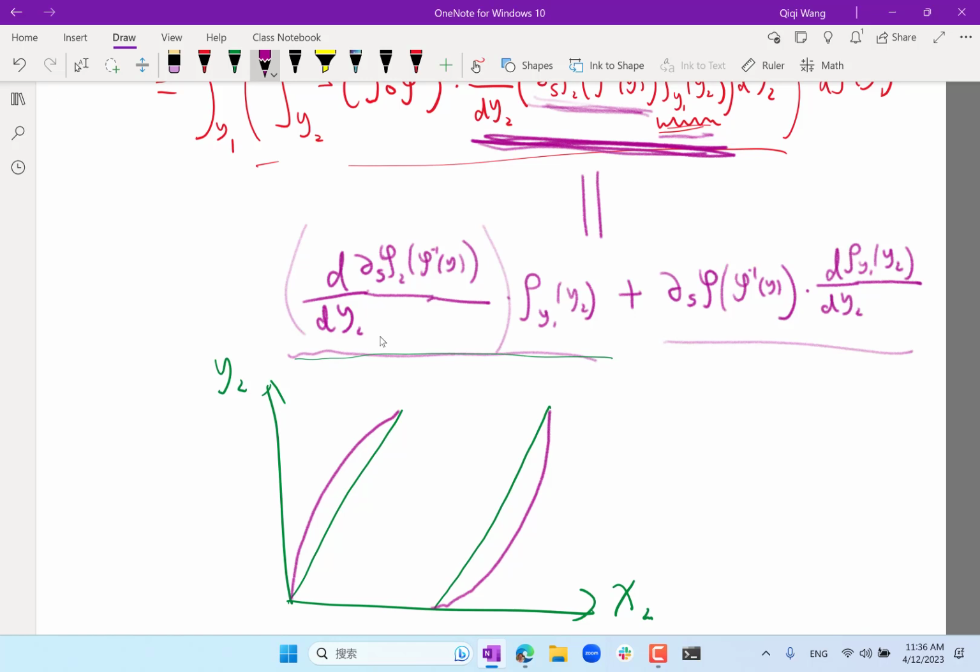If the perturbation makes the derivative higher, then this term would be positive. If the perturbation makes the slope of the map lower, then this term would be negative. Intuitively, the change in the derivative changes the density on the y-axis. For example, if you compare the green curve versus the purple curve at this location, the purple curve decreases the derivative, making the slope shallower.